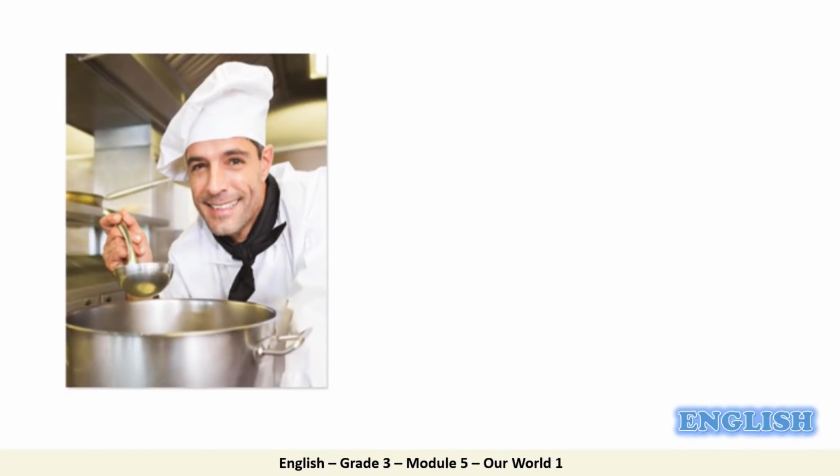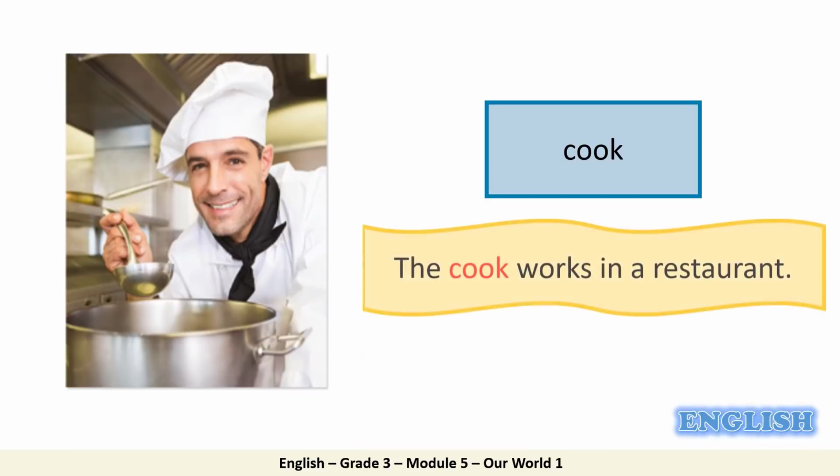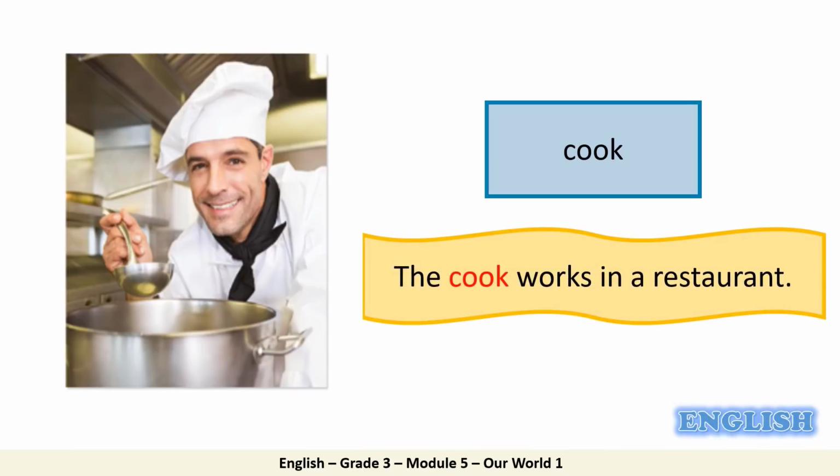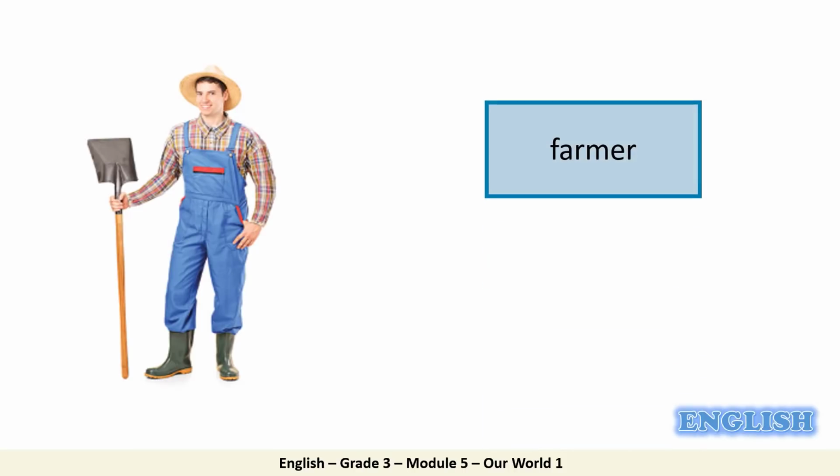And now, let's listen and repeat. Cook. Very good. Cook. The cook works in a restaurant. Oh, who is he? Farmer. Excellent.